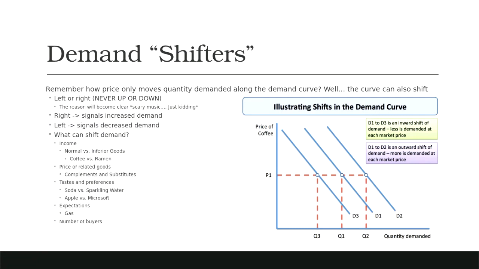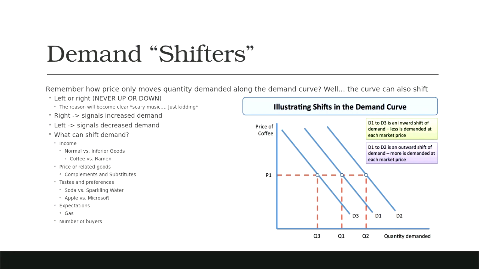Over here, you can see an illustration of a shift in the demand curve. So here's the price of coffee on our y-axis, and here's the quantity demanded on our x-axis of our graph. Now, we start off at D1 and Q1. So that 1 means this is our initial starting point. So this is our point right here at this price, okay?